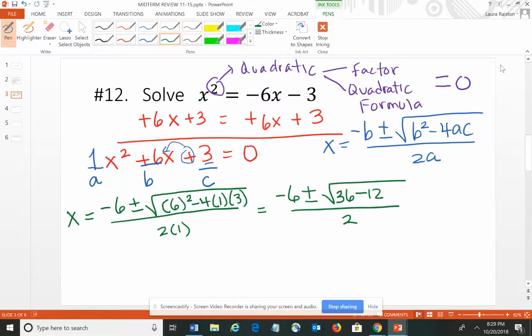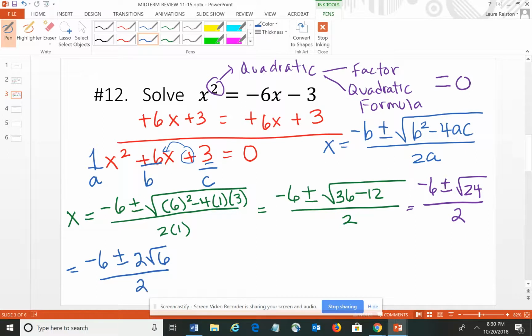Then I need to do the subtraction under the radical. So I have negative 6 plus or minus the square root of 24 all over 2. I then need to simplify the radical. So it becomes negative 6 plus or minus 2 times the square root of 6 all over 2.